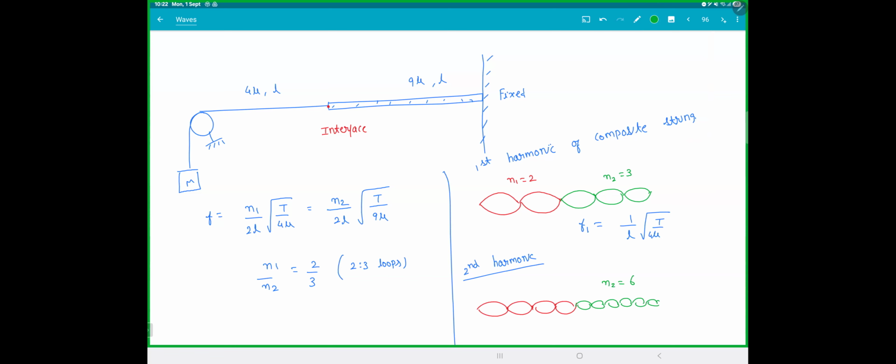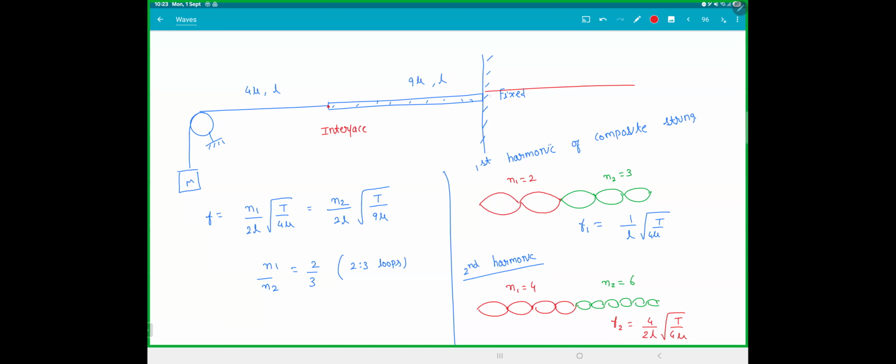So N1 is equal to 4 and N2 is equal to 6. Your second harmonic will be 4 by 2L root over T by 4 mu. Clear with this? That's how you handle composite strings.